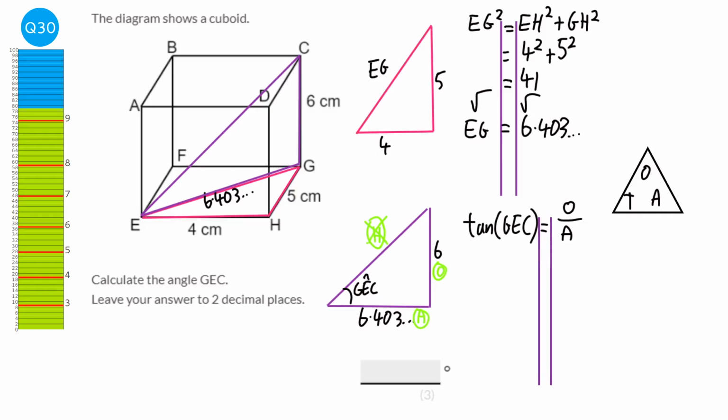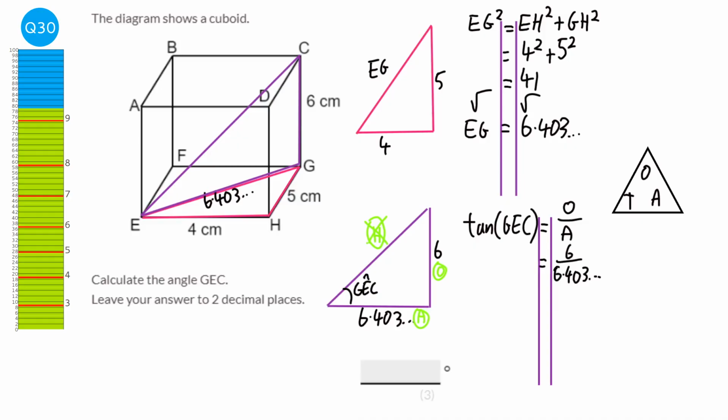Okay, so let's just put in what the opposite is. The opposite is 6, and the adjacent is that 6.403, etc. And I'm keeping it in my calculator so I can make sure that I don't lose any accuracy. You can actually round it to 6.403.